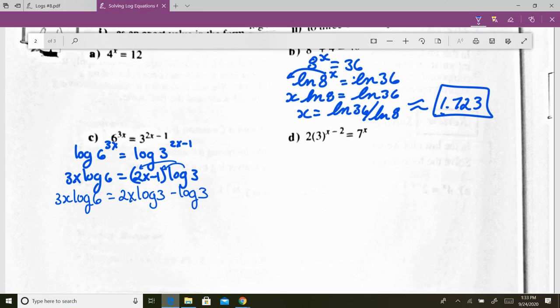What do we do now? If you're solving for x, what do you need to do? Get all your x's together on one side and get everything else that doesn't have an x to the other side. I'm going to move this 2x log 3 over here. Okay? So 3x log 6 minus 2x log 3 equals negative log 3.